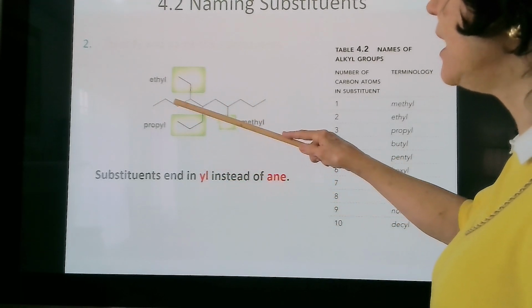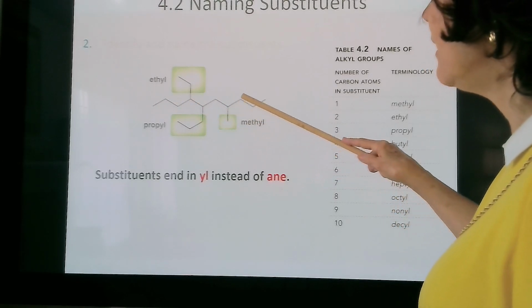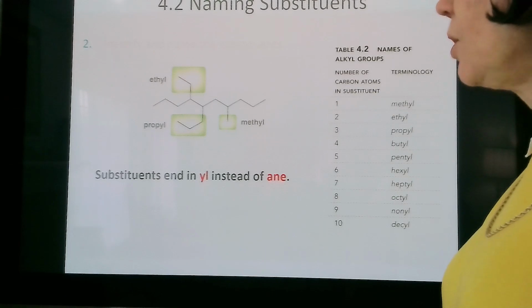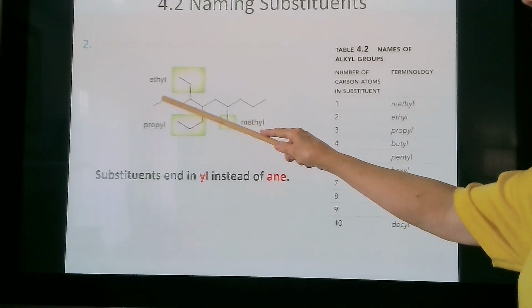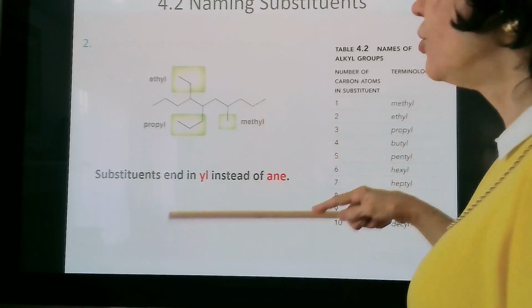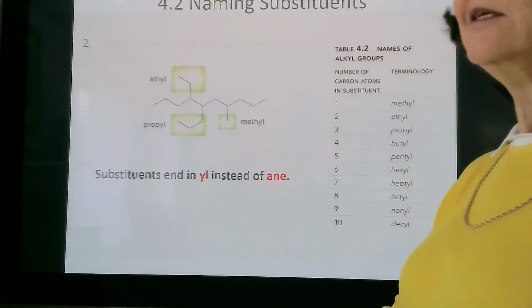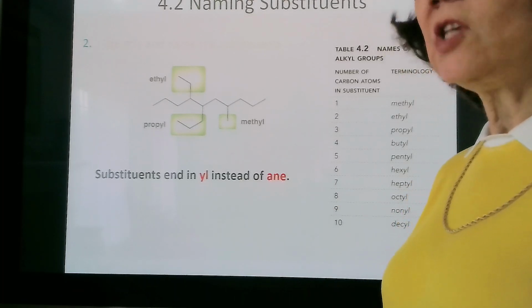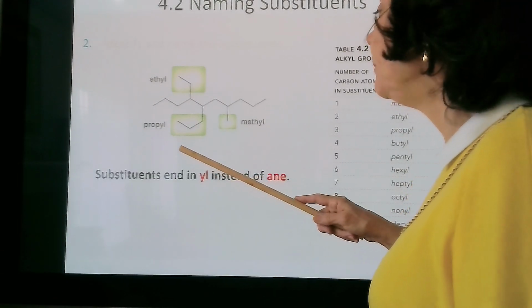So here you can see that this is 1, 2, 3, 4, 5, 6, 7, 8, 9, 10. So 10 carbons, this is a decane. You have some substituents, so the name will be something, something, something, decane.